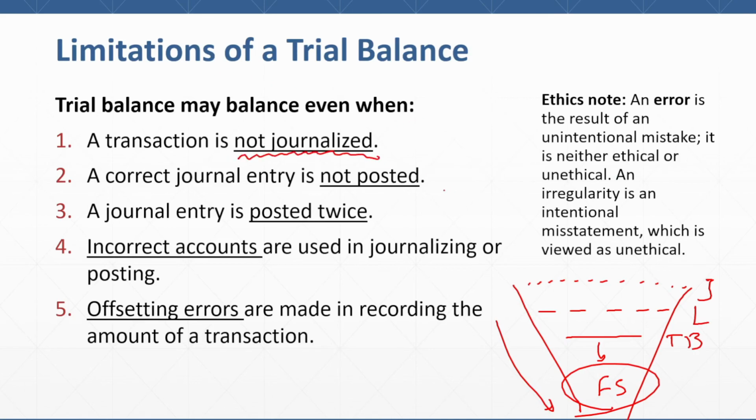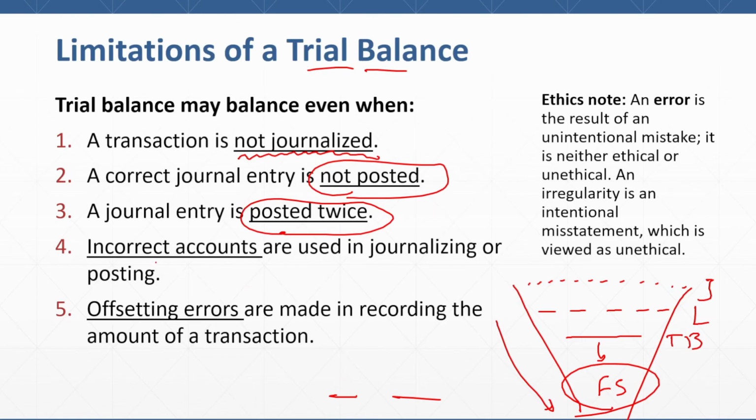If a transaction is totally missed, our TB is still in balance, and it doesn't show that the transaction is missed. Or we may have missed posting a transaction to our ledger. Again, it doesn't lead to an imbalanced TB. If we post a transaction twice, mistakenly, obviously, it doesn't make the TB imbalanced. It still shows that the left side is equal to the right side in your TB.